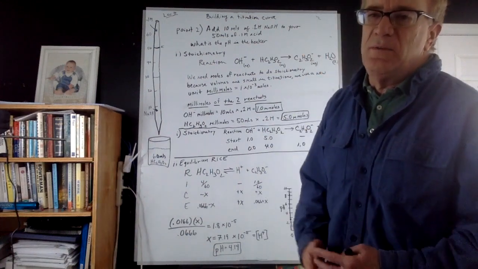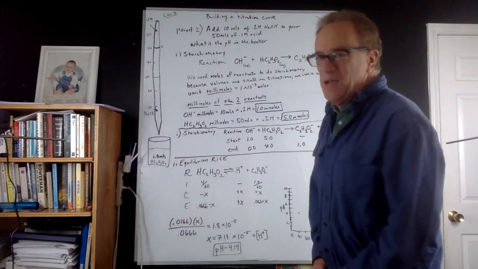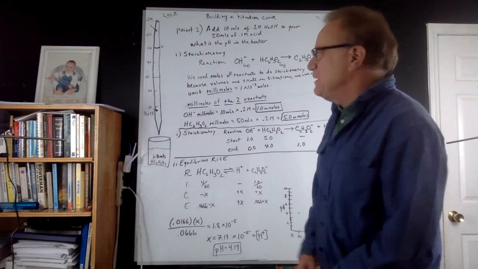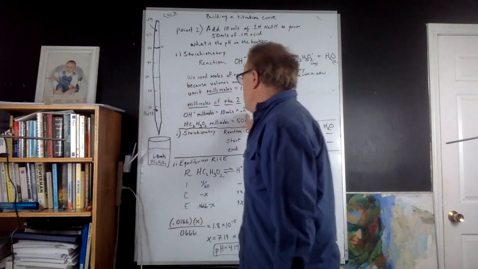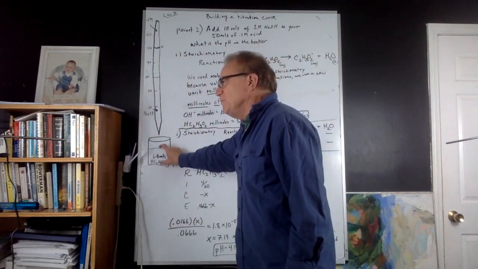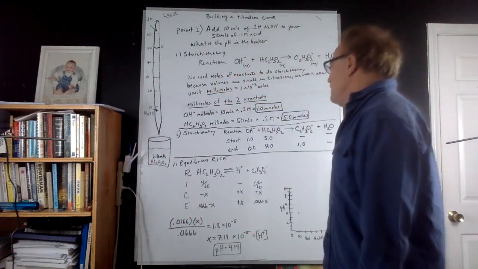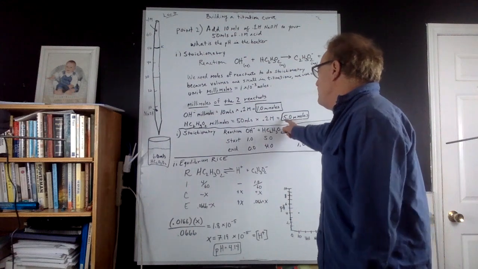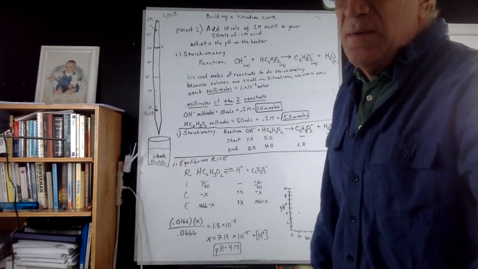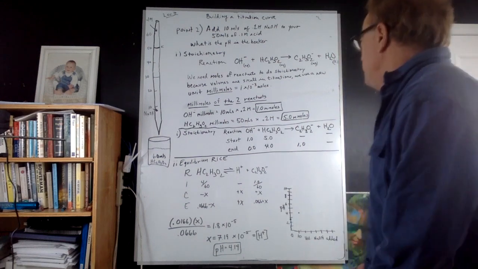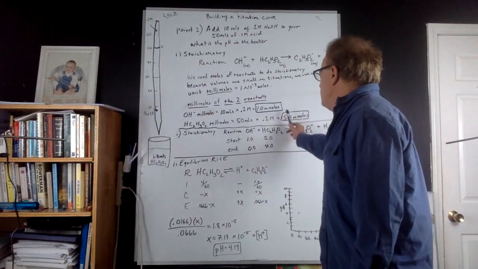You just take the actual volume of the solutions, which is always going to be 50 at the start, and multiply that by 0.1. And you're going to see that we always start with 5 millimoles of acetic acid when we start this thing. So these are our starting moles.